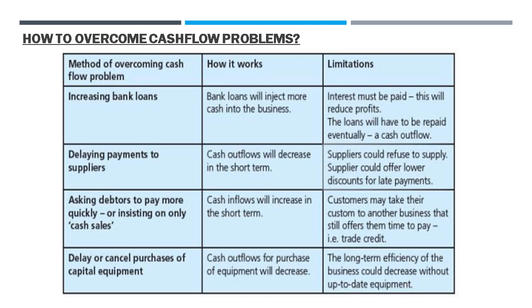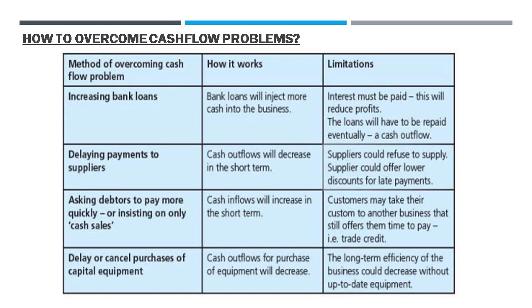So how do we overcome such problems? One of them is increasing bank loans. Borrowing more money from the banks can temporarily put the business out of danger, but in the long run it will make the company pay a lot of interest, which might eventually lead to a lot of cash outflow.